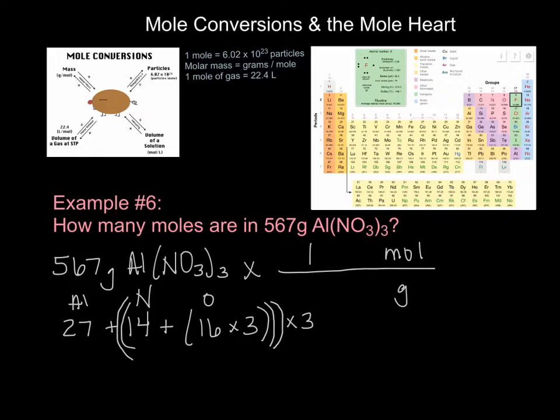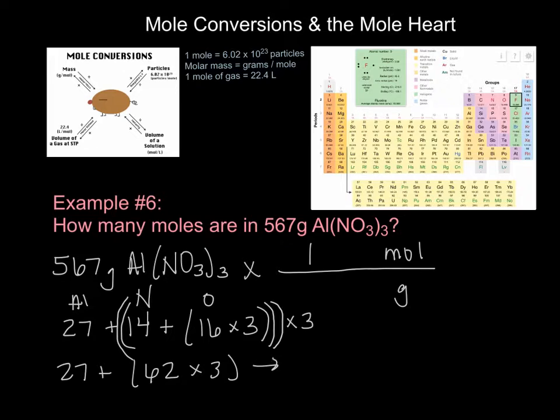And I'm going to get 62. Let's do 27 for my aluminum plus 62. So that's the molar mass of my nitrate, but I have 3 of those. So 62 times 3, which is 186.